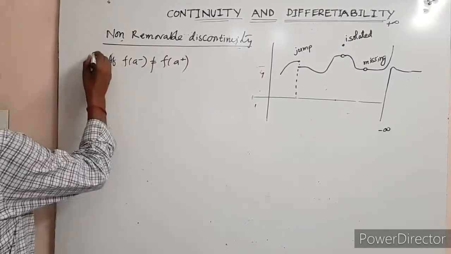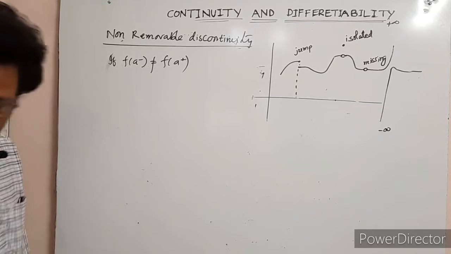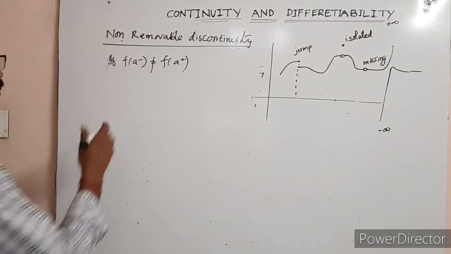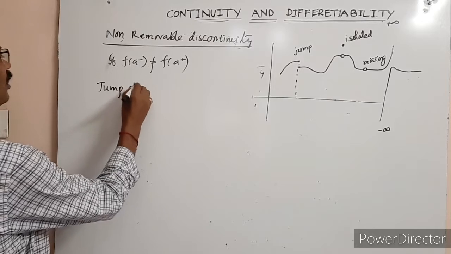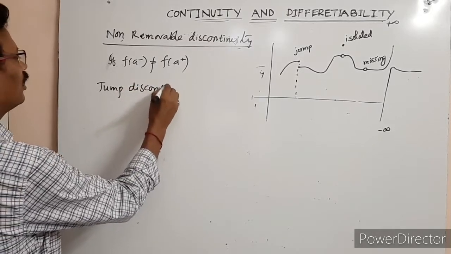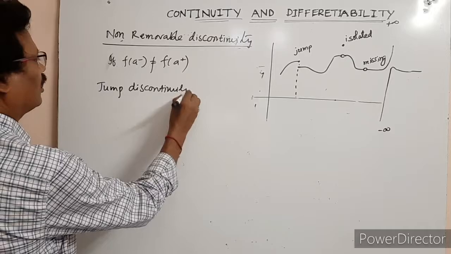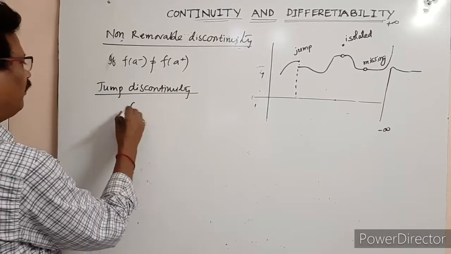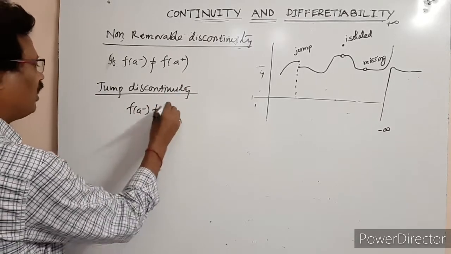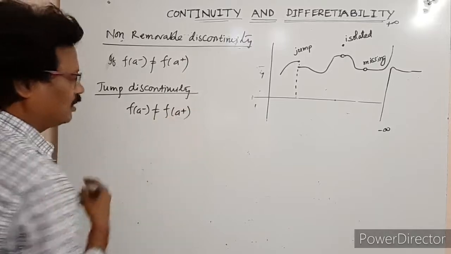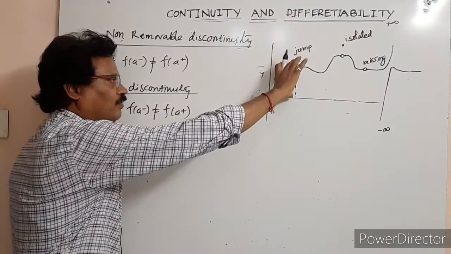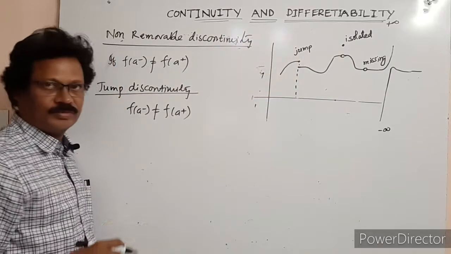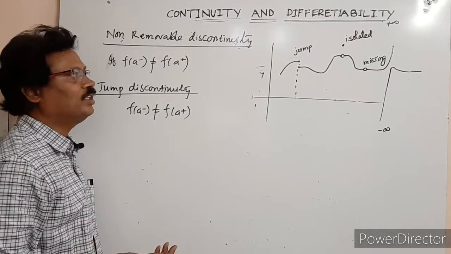Now, in this jump discontinuity, f of a minus is not equal to f of a plus. This is a jump discontinuity. The left limit is different from the right limit, then the function is discontinuous.